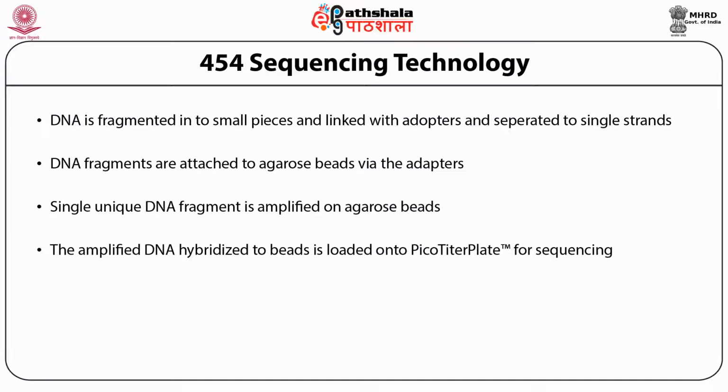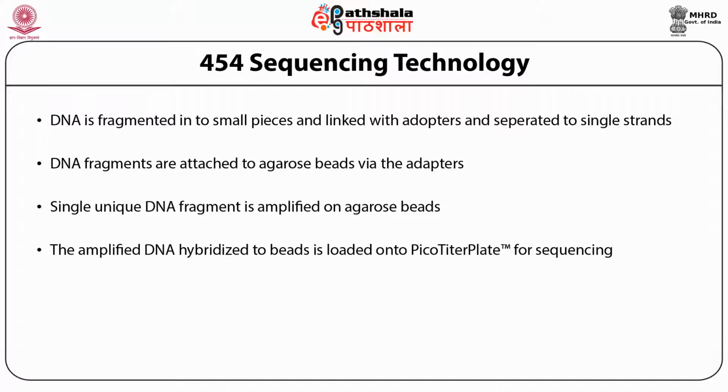In loading of the DNA library to beads and emulsion PCR, the DNA fragments are attached to agarose beads via the adapters, and these are used for emulsion PCR. Emulsion PCR uses a vigorously mixed oil and aqueous mixture containing PCR reactants, where isolated individual agarose beads containing a single unique DNA fragment are amplified.